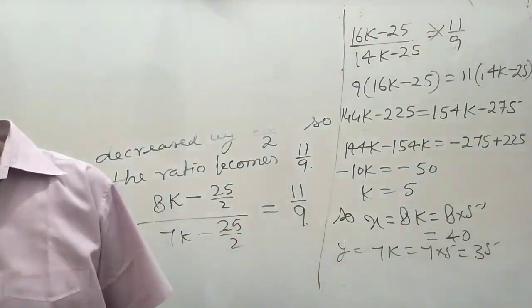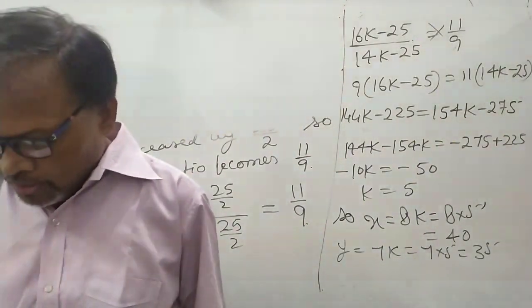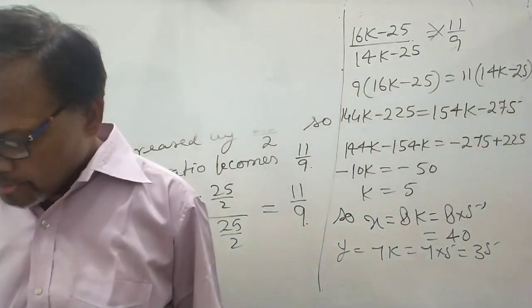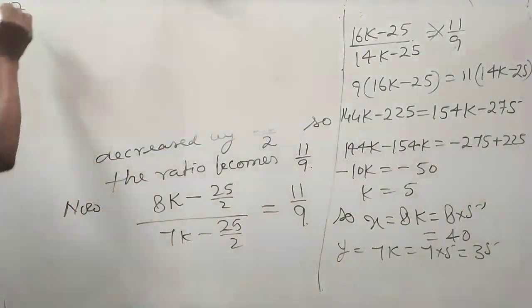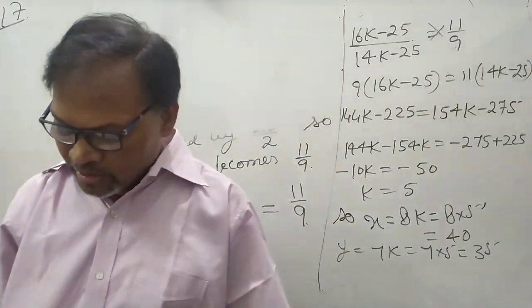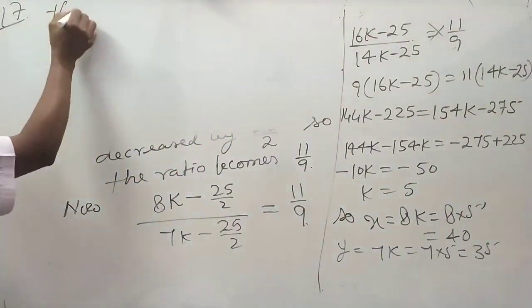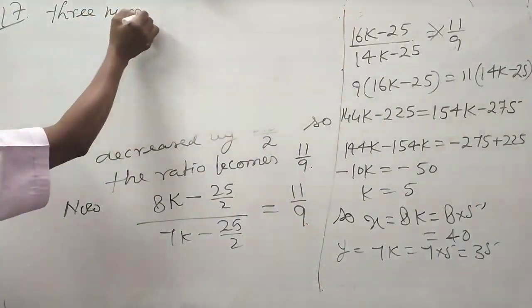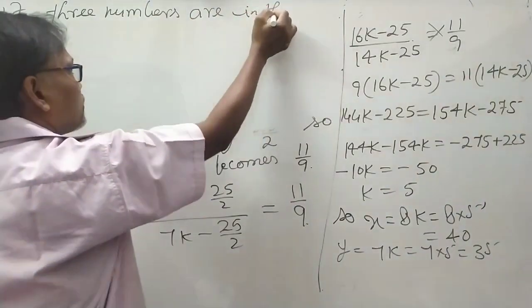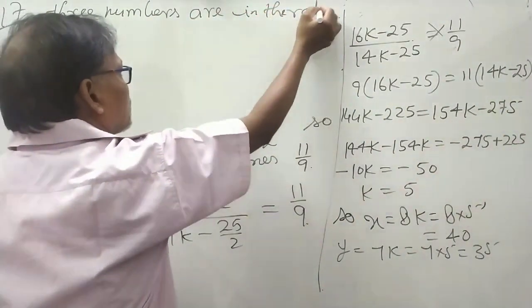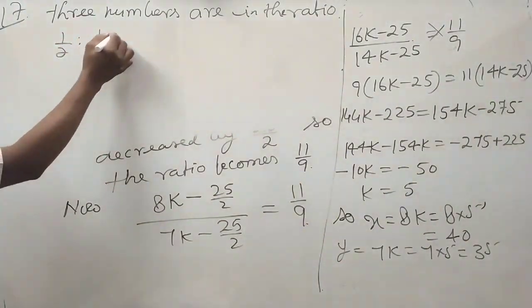Now the other questions, like question number 17. Three numbers are in the ratio 1/2, 1/3, 1/4.